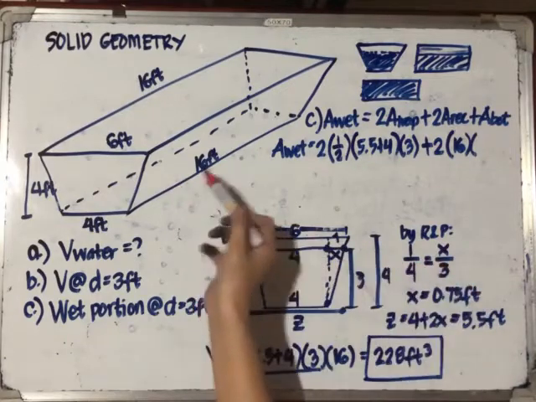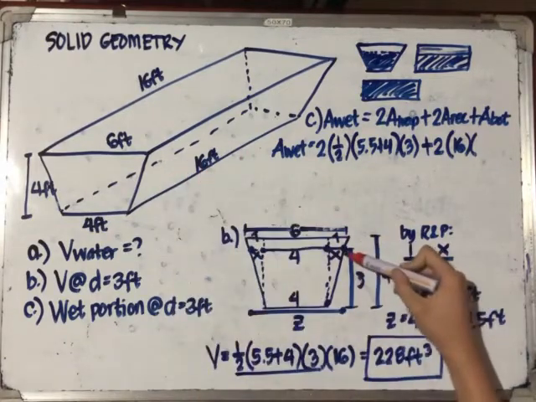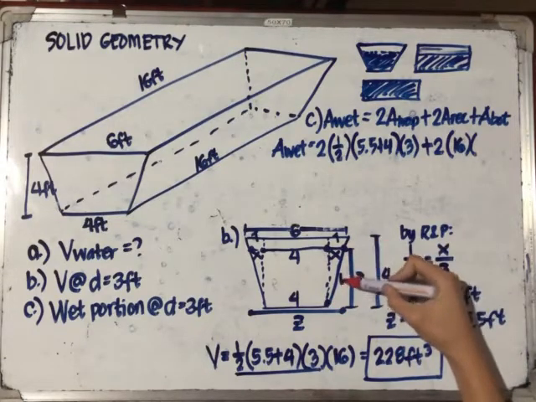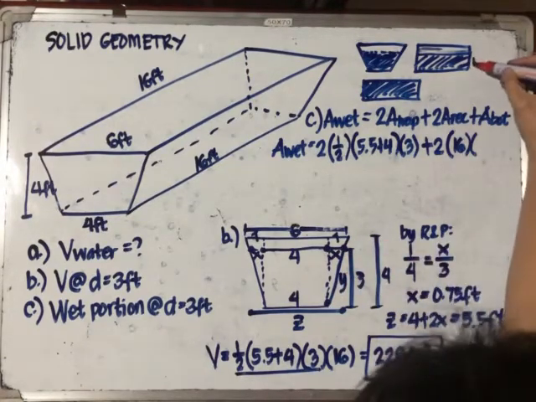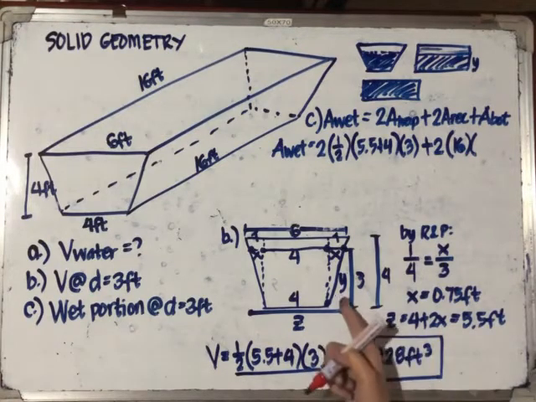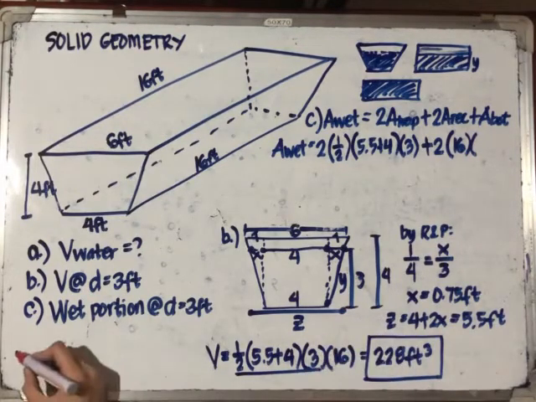But what you can see on this side that is slanted is this side. Okay? Let's say that is Y. Your Y is this height here, and that will be the value you will use to compute for area wet. So we get Y first. Can I put Y here?